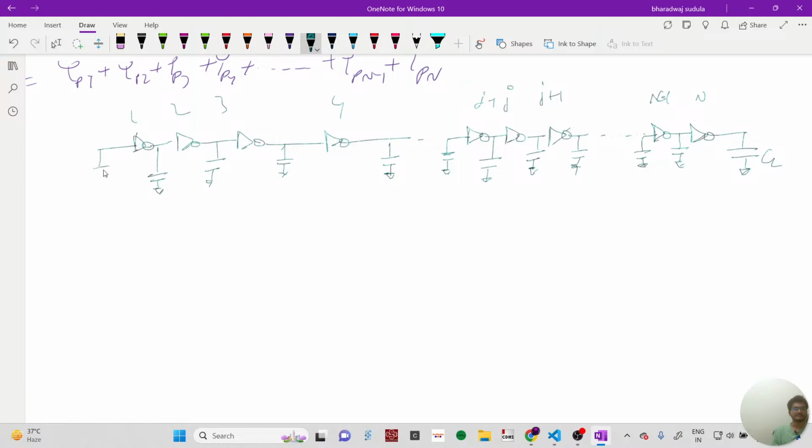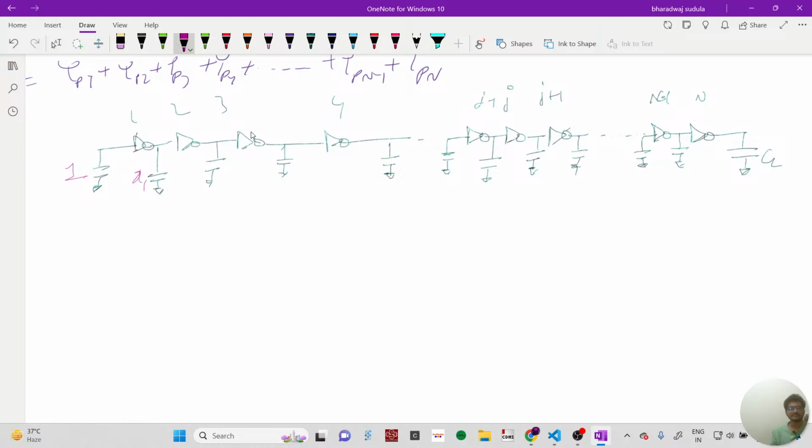Clear? There is the input gate cap. So this is the minimalistic one, right? So this will be 1, correct? This is the input gate cap of the second inverter, so I can write this as x1. No issues.